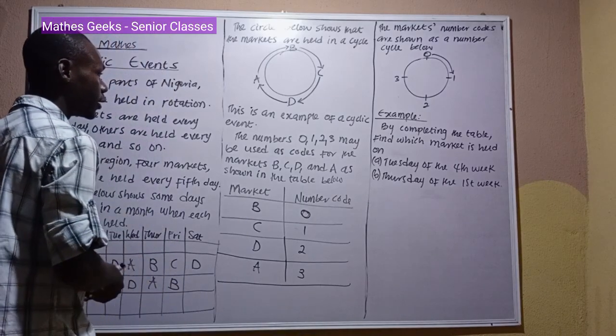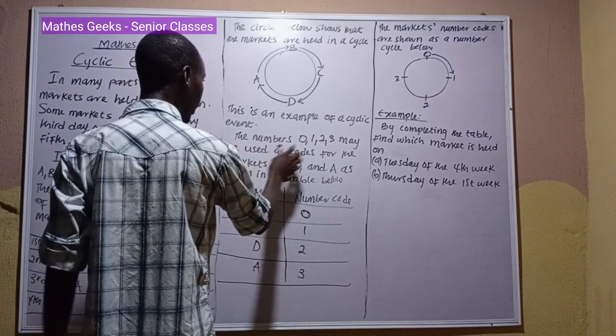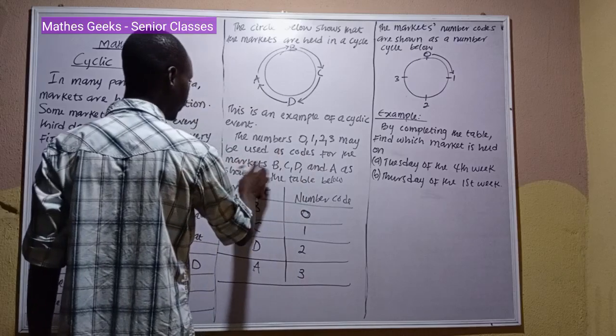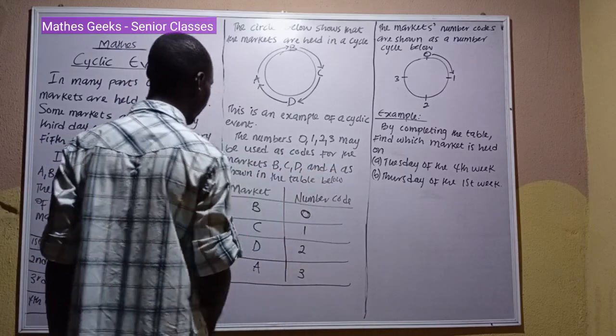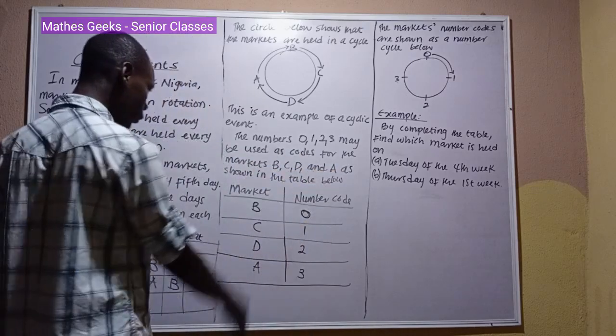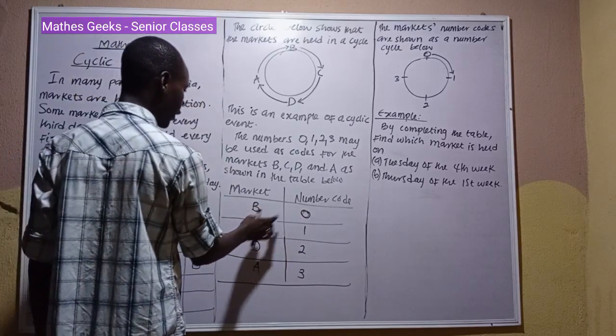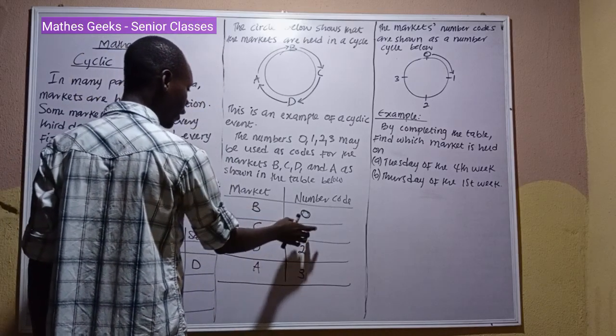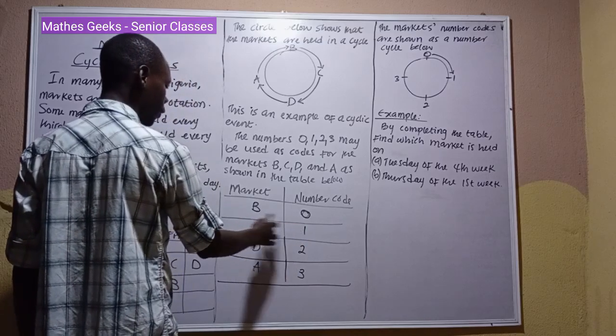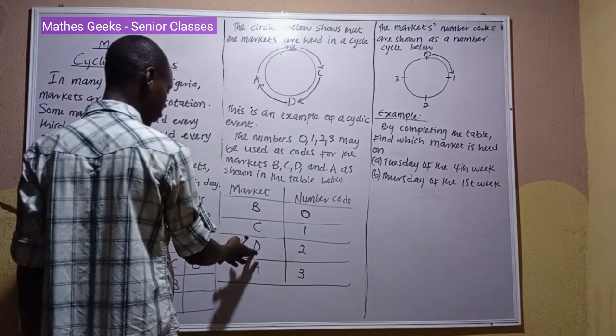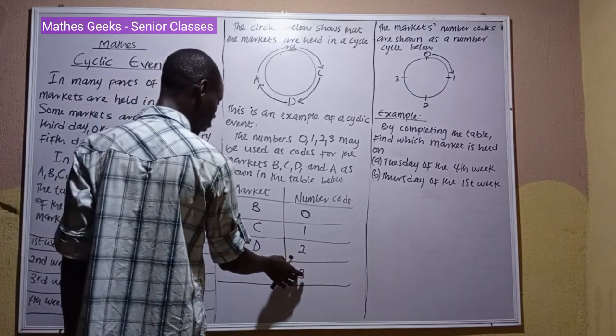The numbers 0, 1, 2, 3 may be used as codes for the markets B, C, D, and A as shown in the table below. So I want to assign market B the code 0, market C the code 1, market D the code 2, and market A the code 3.